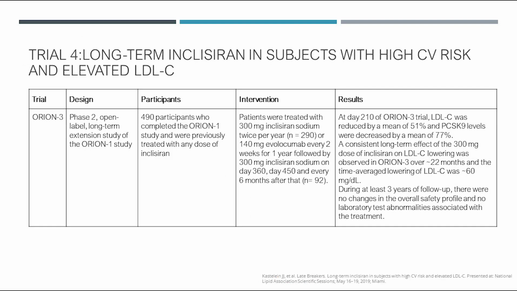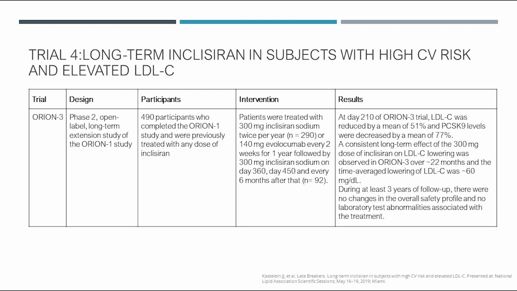Our fourth trial is a long-term Inclisiran in subjects with high cardiovascular risk and elevated LDL. This was the Orion 3 study, and it was a phase 2 open-label long-term extension study of the Orion 1 study. There were 490 participants who completed the Orion 1 study and were previously treated with any dose of Inclisiran.